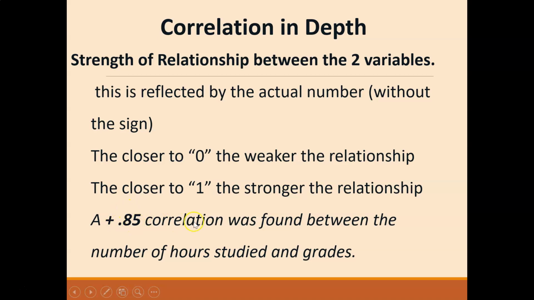So a 0.85 correlation was found between the number of hours studied and grades. Again, we still have our two variables, hours studied and grades. Well, how strong, how often is this true? Well, 0.85, kind of 85% of the time. And so when we're looking at this 0.85, what we're saying is that's a strong relationship.